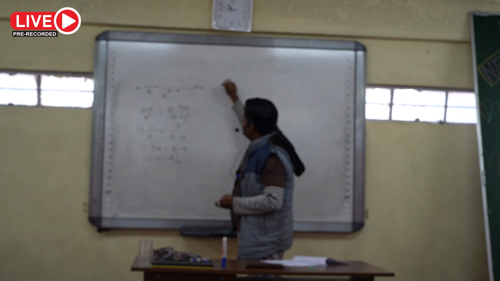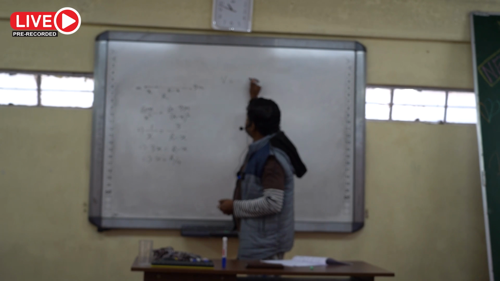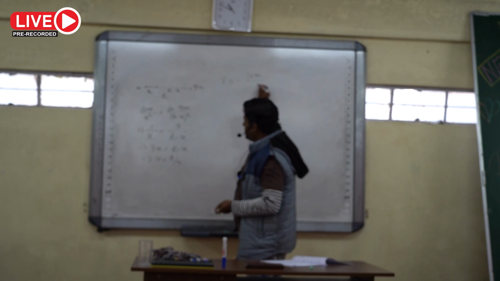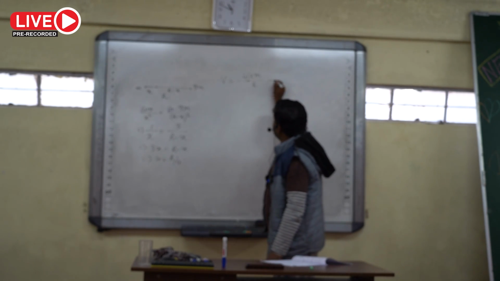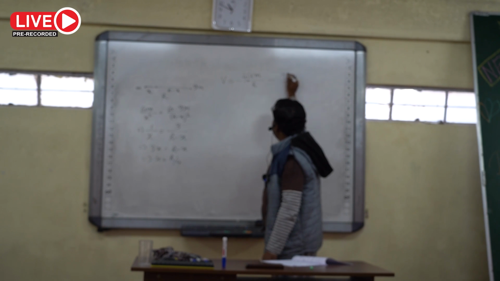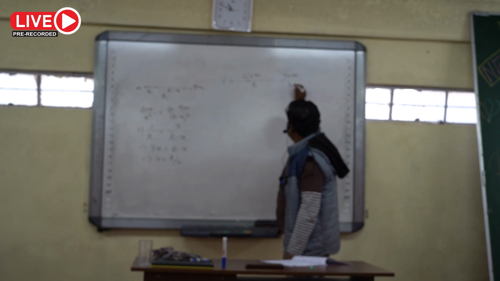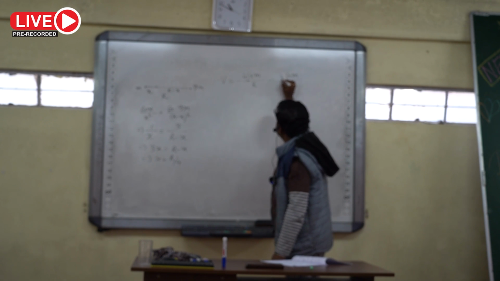So potential V at that point will be, for the first mass, minus Gm by x, x means r by 4, so 4 will be in the numerator. Then for the 9m mass it will be minus 9Gm divided by 3r by 4.